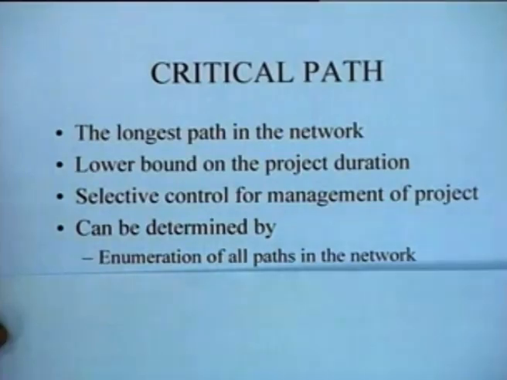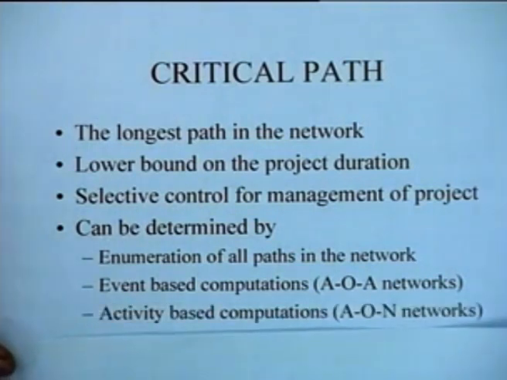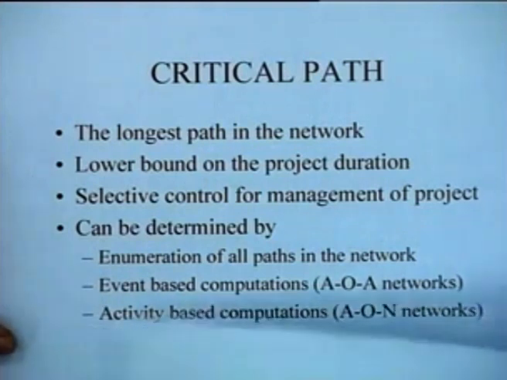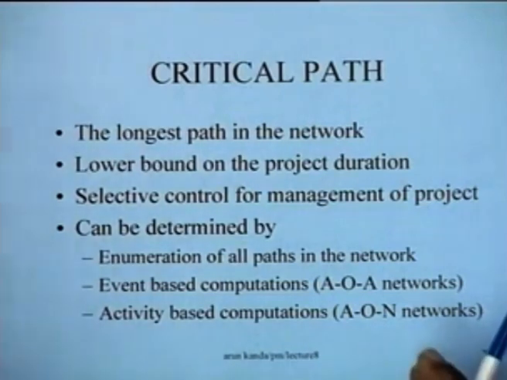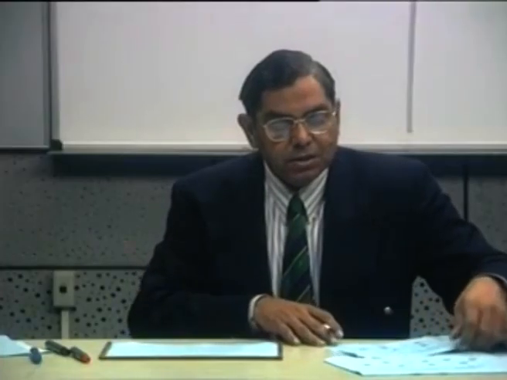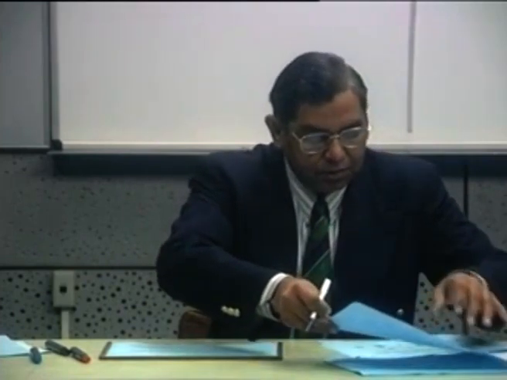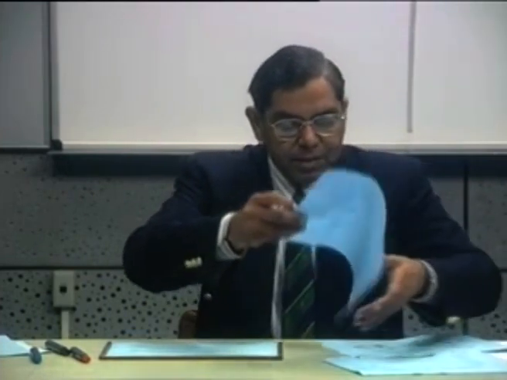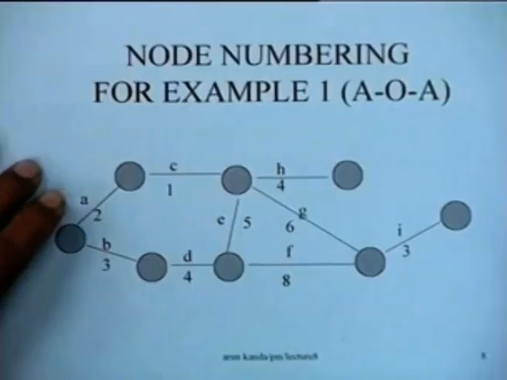So, enumeration is something that can be done, or event based computations on AOA networks is another way of dealing with the determination of the critical path, or we could have activity based computations as one tries to do in activity on node networks. Now, we shall try to see how this computation can be done, but a prerequisite for a situation of that kind is really that we have our network.